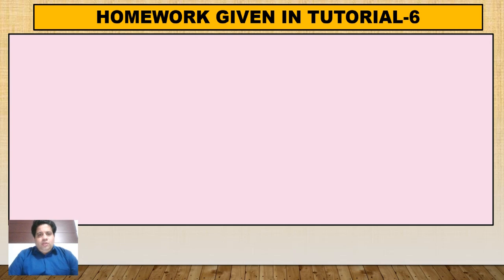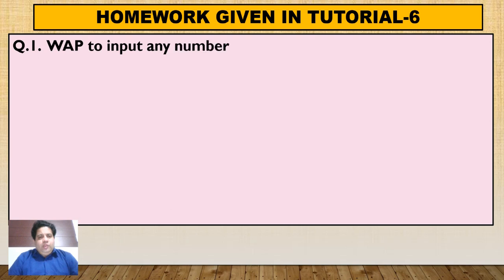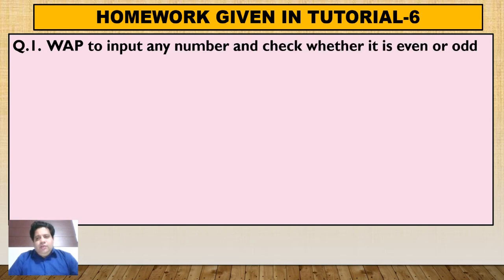So first of all, we will discuss the homework given in tutorial 6. Question 1 was: write a program to input any number and check whether it is an even or odd number. Now you all know the logic. Even numbers are those numbers that are divisible by 2.